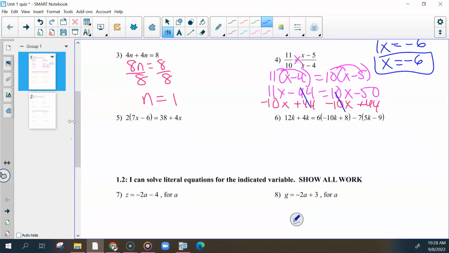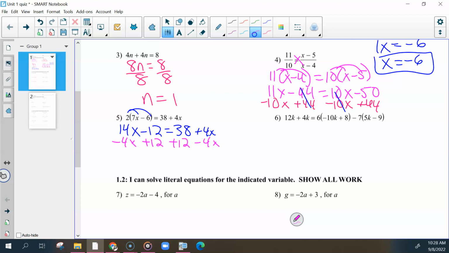Number 5, you needed to distribute. Again, be careful with your signs. This should be a positive 14x and negative 12, and then bringing down everything else. Be careful with your math. Pick what you wanted to move. I saw a lot of moving 4x over and adding 12.